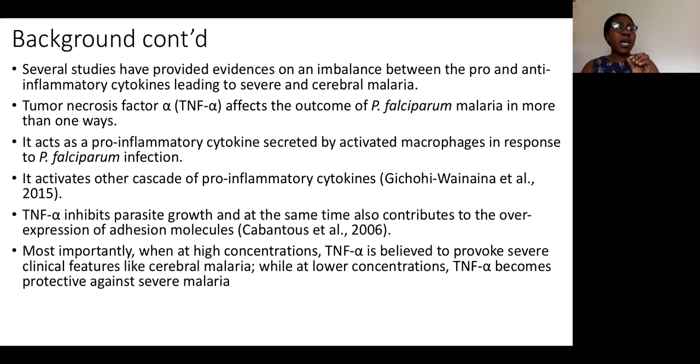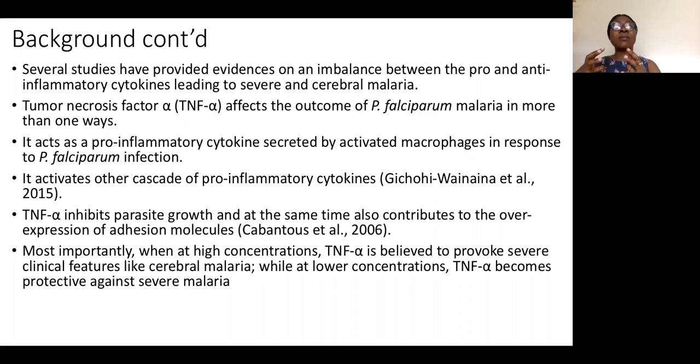is a pro-inflammatory cytokine. Pro in the sense that it acts as the first line of defense against infection with Plasmodium falciparum. Now, it acts in a cascade of different ways. First of all, it's secreted by what we call the macrophages.